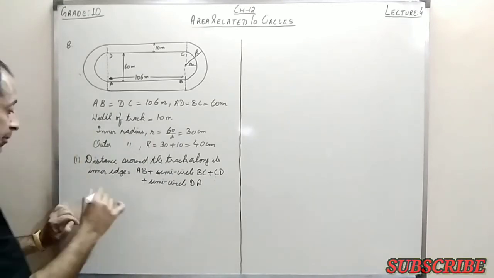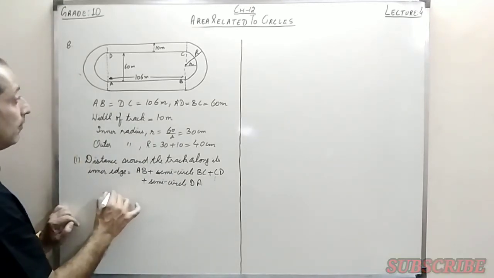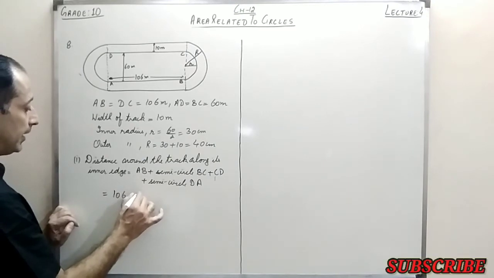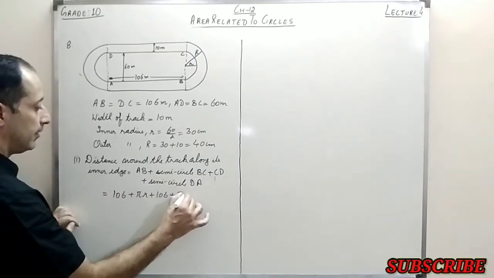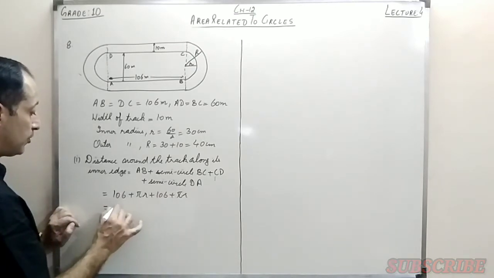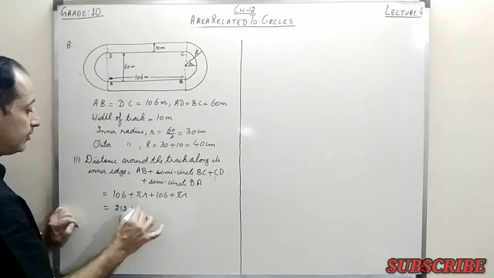So that is 106 plus pi r plus 106 plus pi r. So 106 plus 106 becomes 212, and this is 2 pi r.